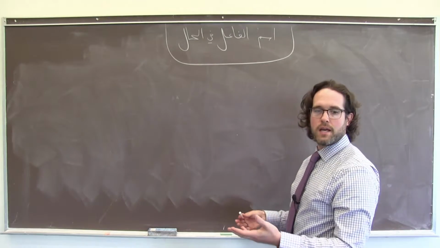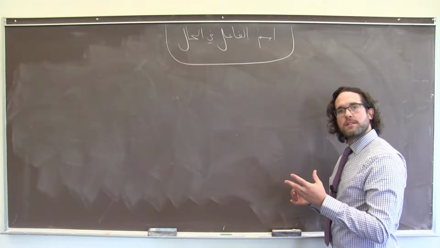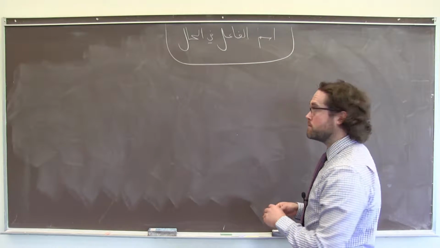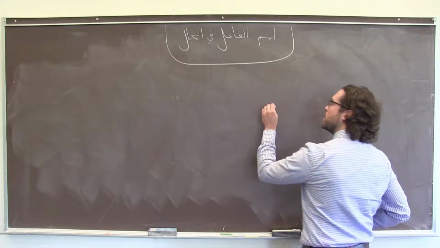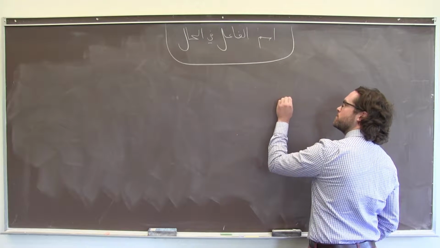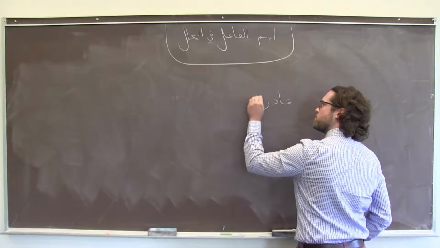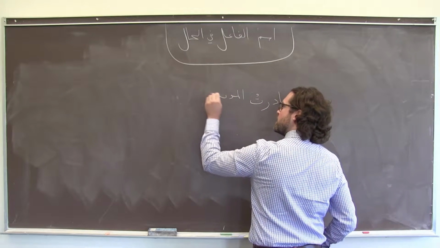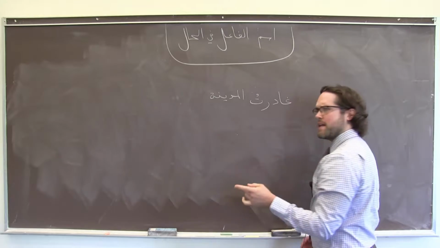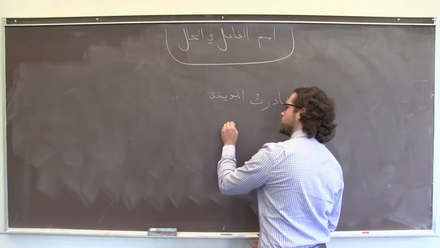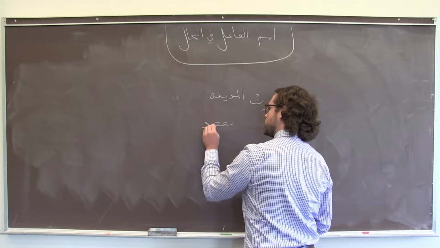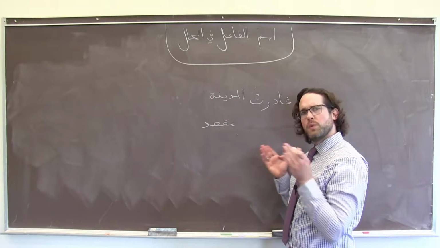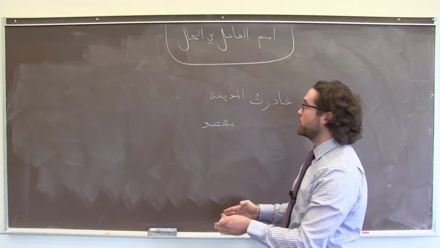So if I wanted to say, for example, I left the city heading for my family's house. In Arabic, I could say it this way. غادرت المدينة, and now I have a verb in Arabic, يقصد, and one of its meanings can be to aim for or head for a geographical place.